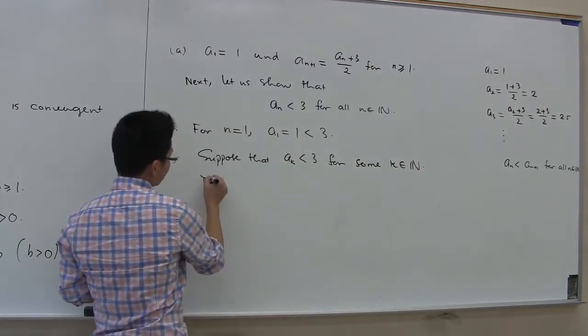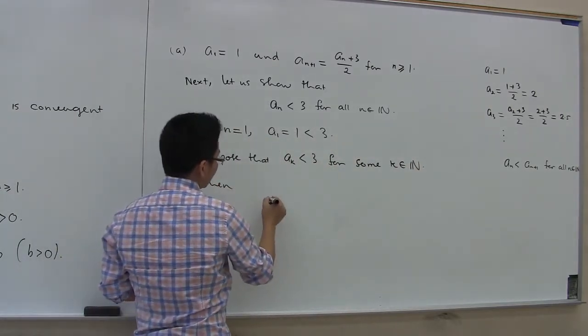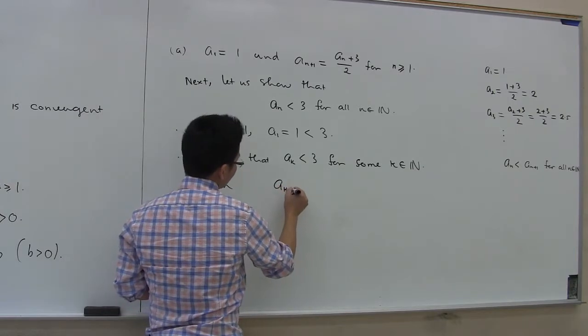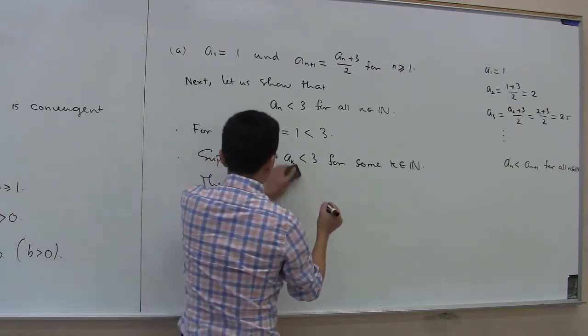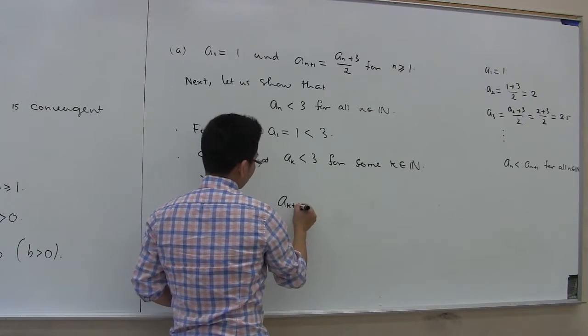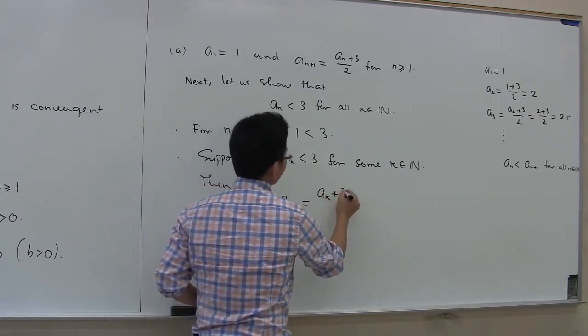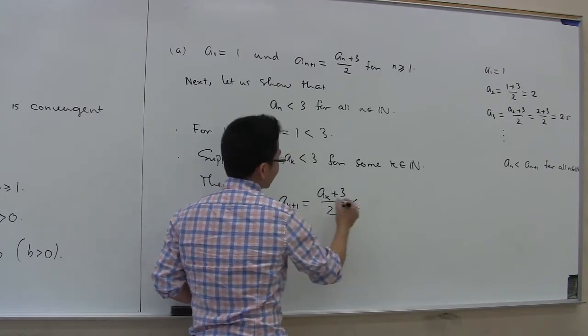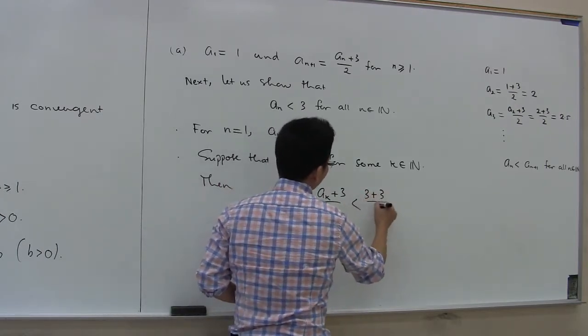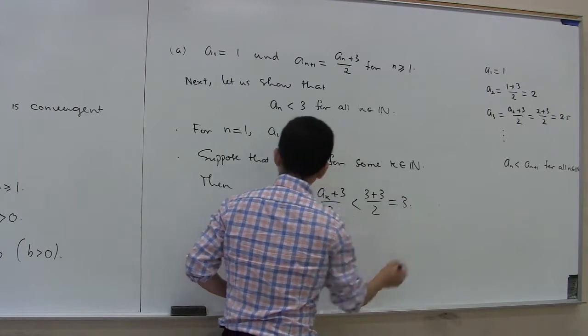Then, by the definition, a_{k+1} is equal to (a_k + 3)/2, so it's strictly less than (3 + 3)/2, that is 3.